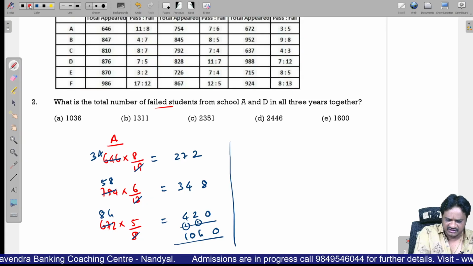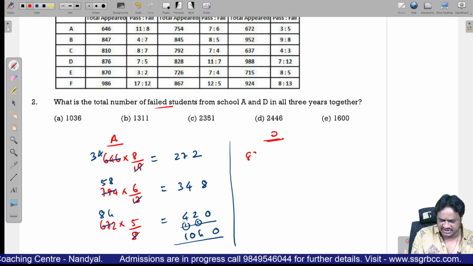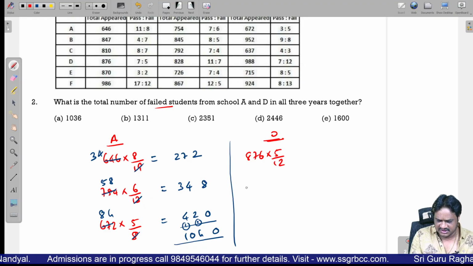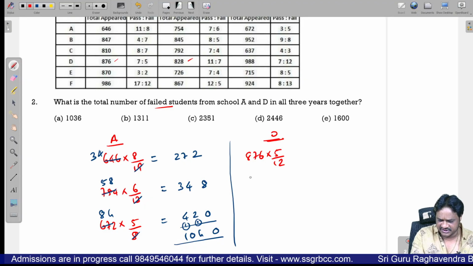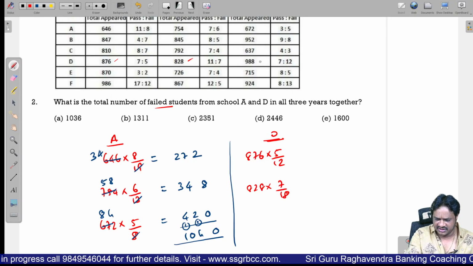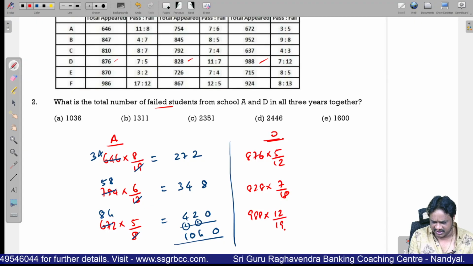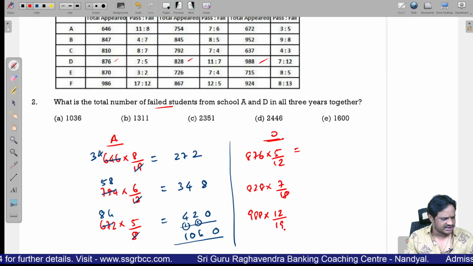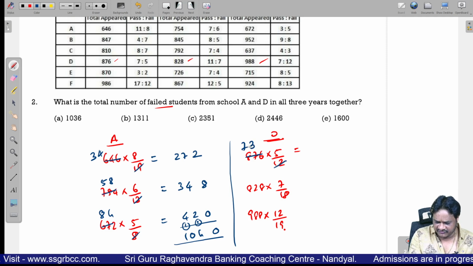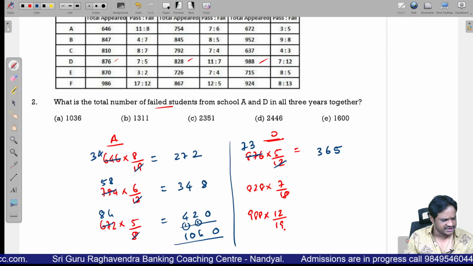Now similarly you have to calculate D failed students from all 3 years. First year it is 876 into 5 by 12. Next year it is 828 into 7 by 18. Next year it is 988 into 12 by 19. Let us do the calculations part. 12 sevens 84, 12 threes. So 5 into 3, 15. It is 365.